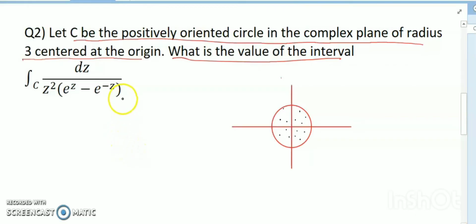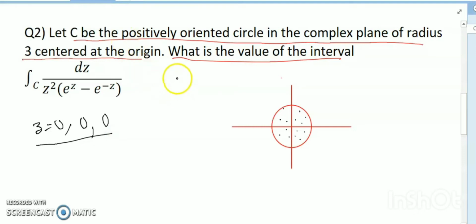Because you see that our poles are: z equals 0, a double pole, and another is z equals 1, minus 1, a triple pole.